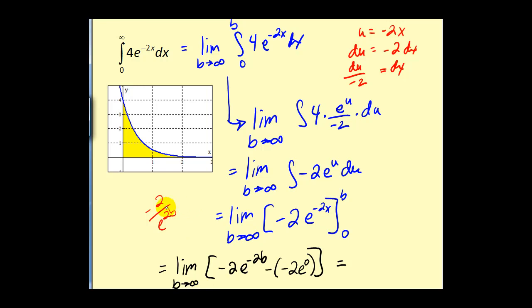So as b approaches infinity, the denominator grows without bound, so this approaches 0. This is minus negative 2, or positive 2. So this limit is equal to positive 2. Therefore, this is convergent, and the improper integral is equal to 2. So we have found the area of this unbounded region, which is equal to 2.